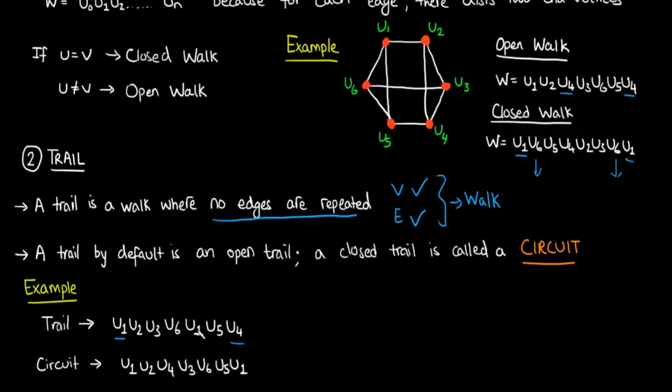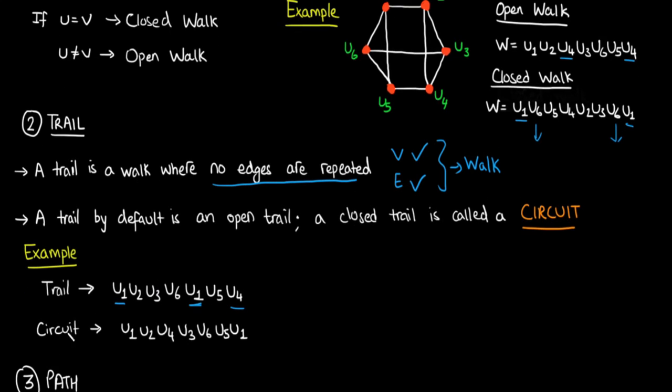Also, if you pen it out on a piece of paper, you can see that I have not repeated any edge. All the edges are unique, but you can have vertex repetition, as observed by having U1 here and here. So vertex repetition is allowed, but you're not allowed to repeat your edges.